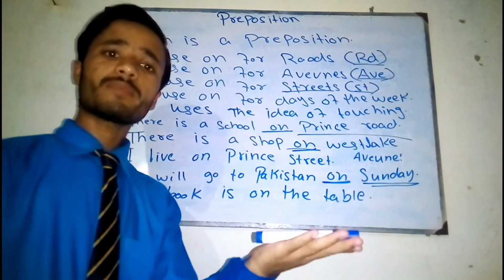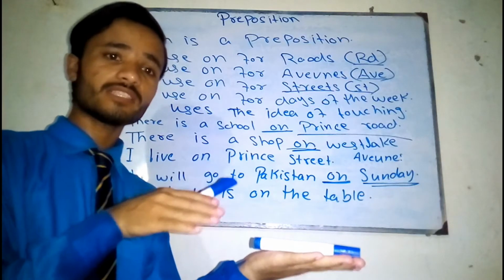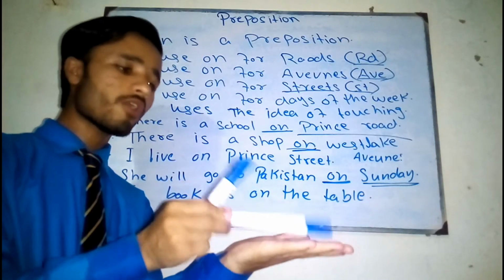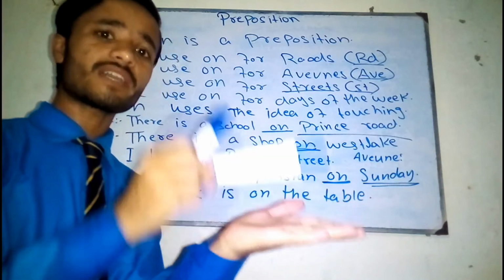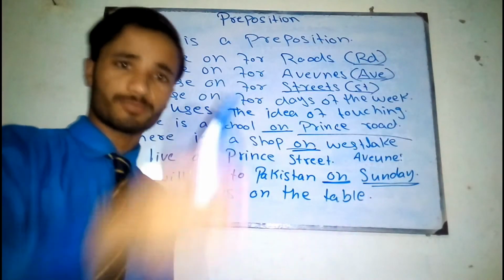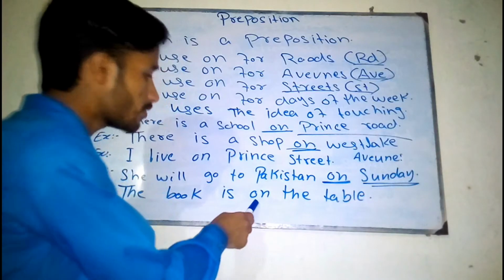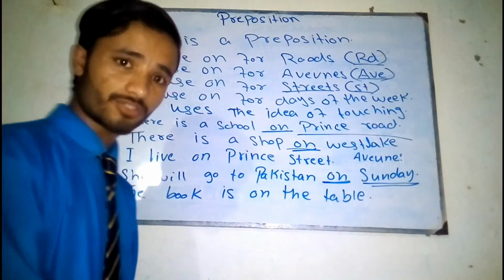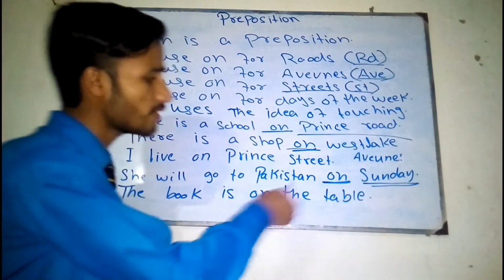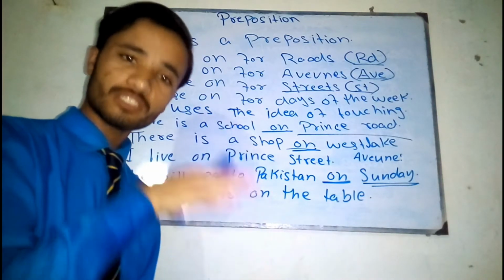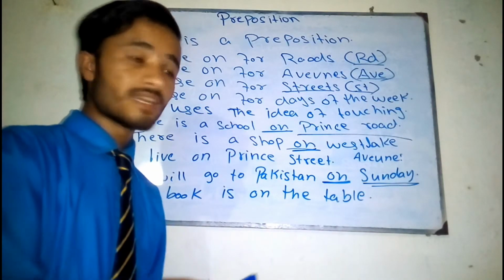If I say the marker is on my hand, why did I say "on"? Because the marker is touching my hand. Whenever things are touching something that they are kept on, then we use "on" because it shows the idea of touching. Is this clear, guys?